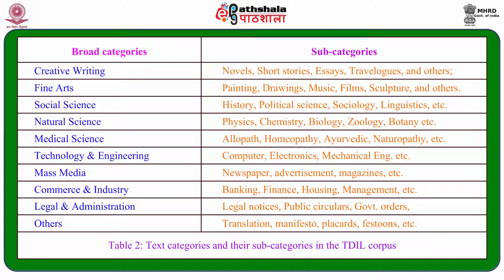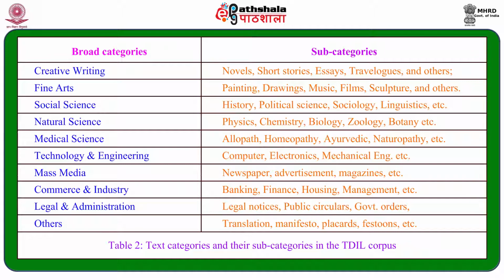Then there are mass media texts. In mass media text, we have taken into consideration text produced in newspapers, magazines, periodicals, posters, festoons, placards, small notices, and even manifestos.